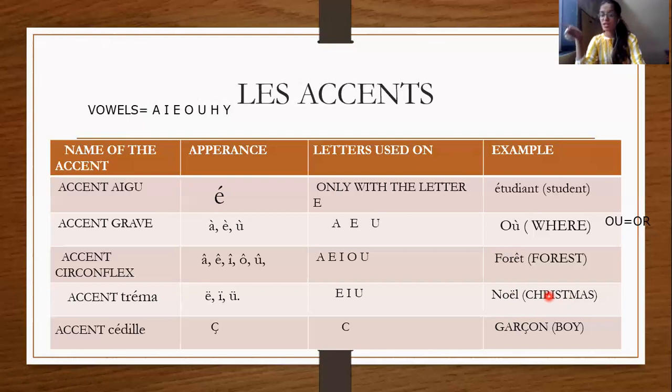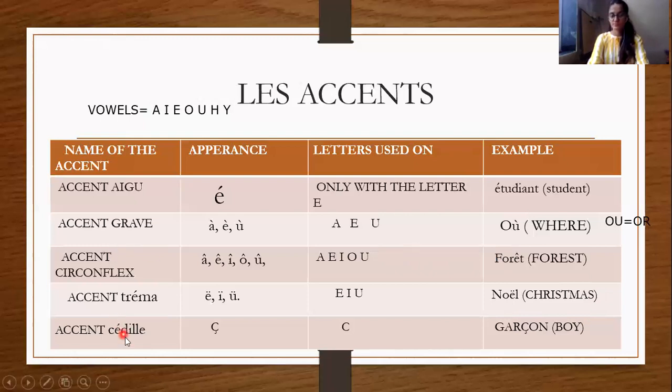I hope you know that Christmas is a very important word for the French language. It's the most celebrated festival in France. So Noël means Christmas. I hope till here it's very much clear to you.